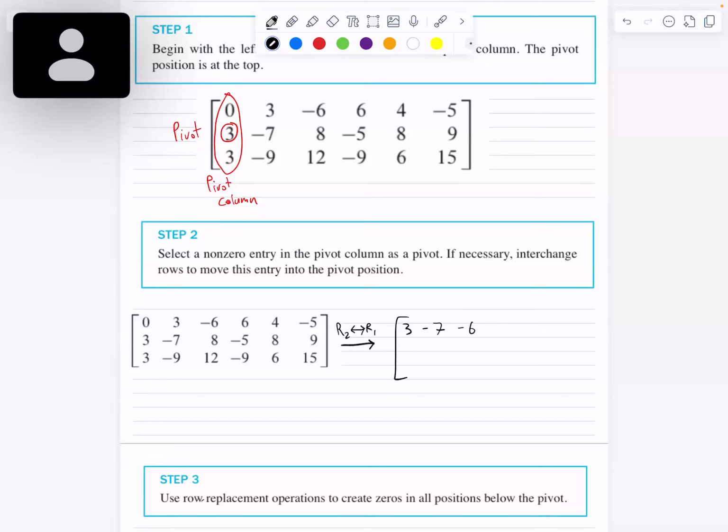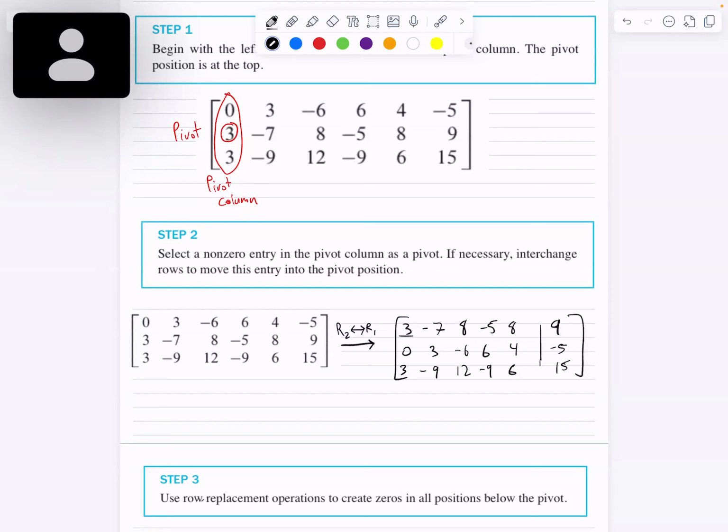Oh, sorry, that's not right. Row 2 is -8, -5, 8, and then augmented with the 9 over here. And then this will be 0, 3, -6, 6, 4, -5, and then 3, -9, 12, -9, 6, 15.